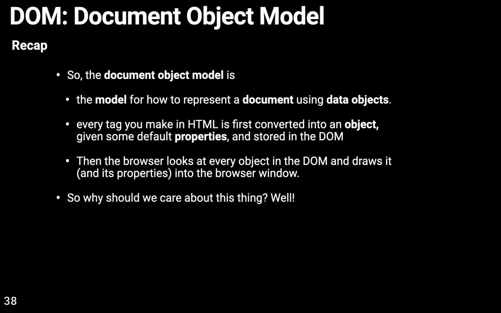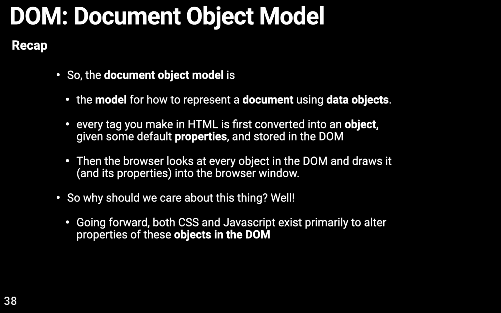So why do we care about this thing, right? Why am I complicating the story when we could just have HTML that comes to a web page? Well, going forward, this is all that we deal with, right? Both CSS and JavaScript, their primary function is to alter properties of the objects in the DOM, right? CSS does them up front when the page loads, but JavaScript does them on the fly while the page is active, right?